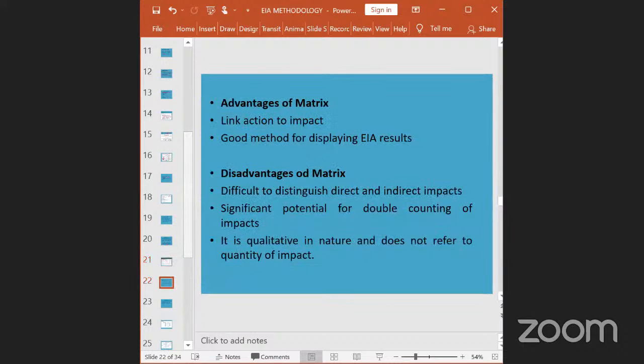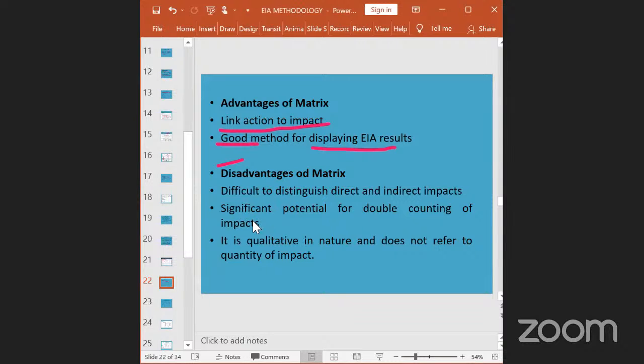And advantages: this matrix method links action to the impact, and also this is a very good method for displaying EIA results.